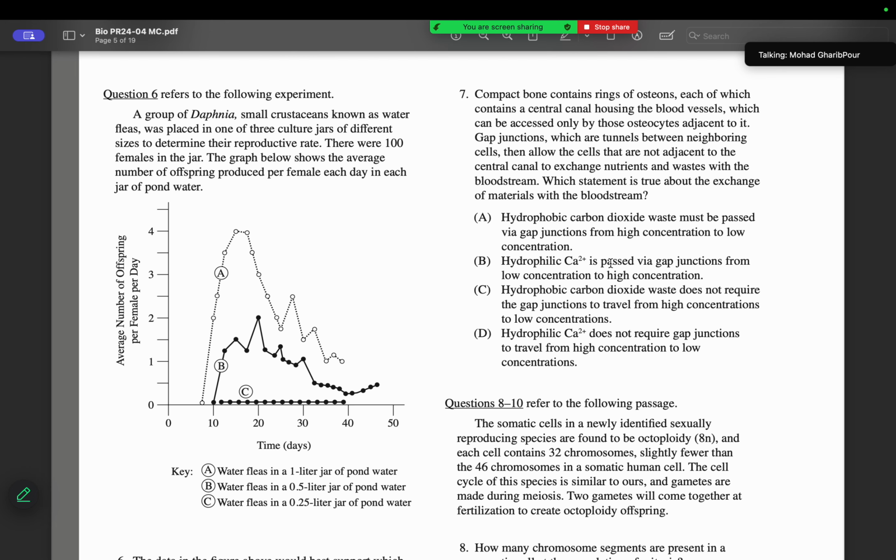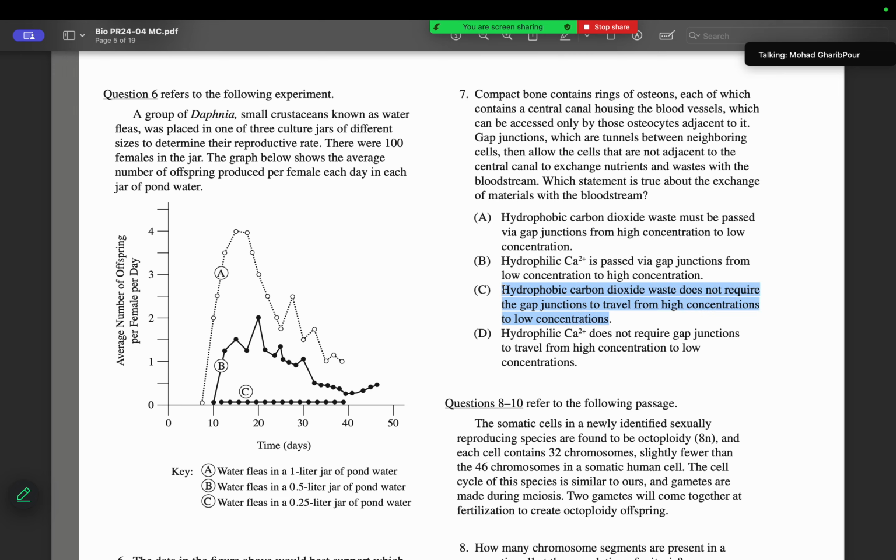Hydrophilic Ca2+ is passed by gap junctions from low to high. So things don't move from low to high unless there is active transport. So this is not correct. Hydrophobic carbon dioxide waste does not require gap junctions to travel from high concentrations to low concentrations.